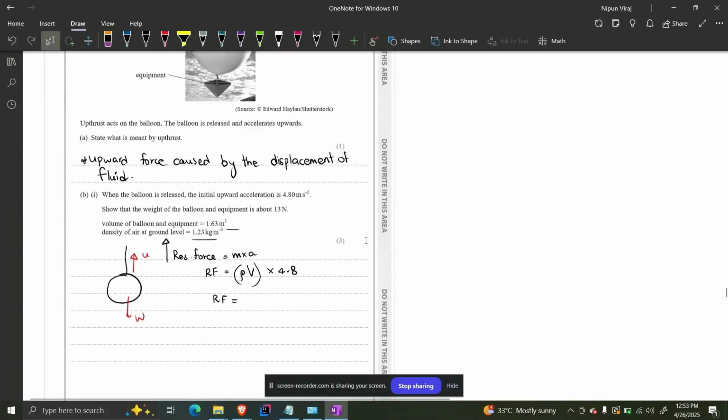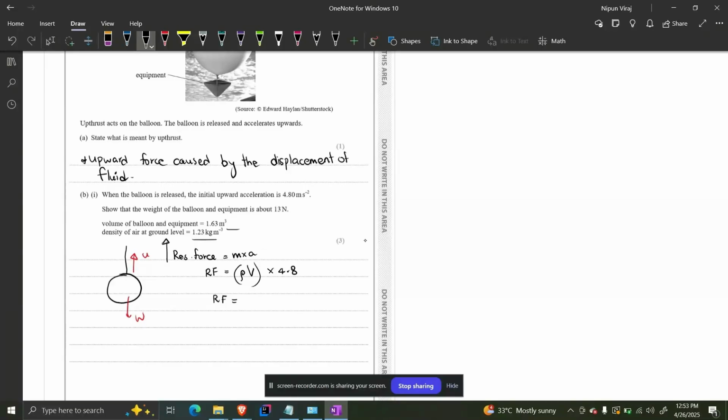Yeah, we should get it like this, right? Because they have given the volume of the balloon and equipment, but they have given the density only of air. So we cannot just multiply the volume by density and get the weight of the balloon and equipment.